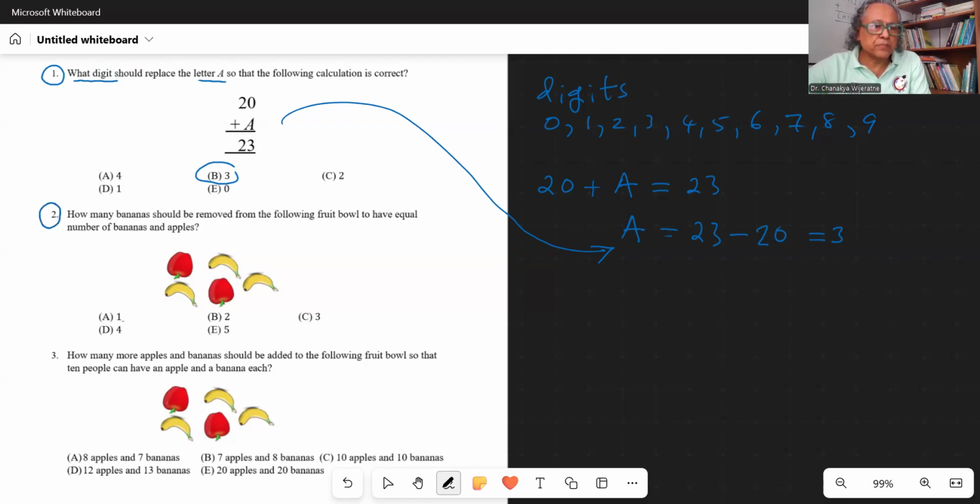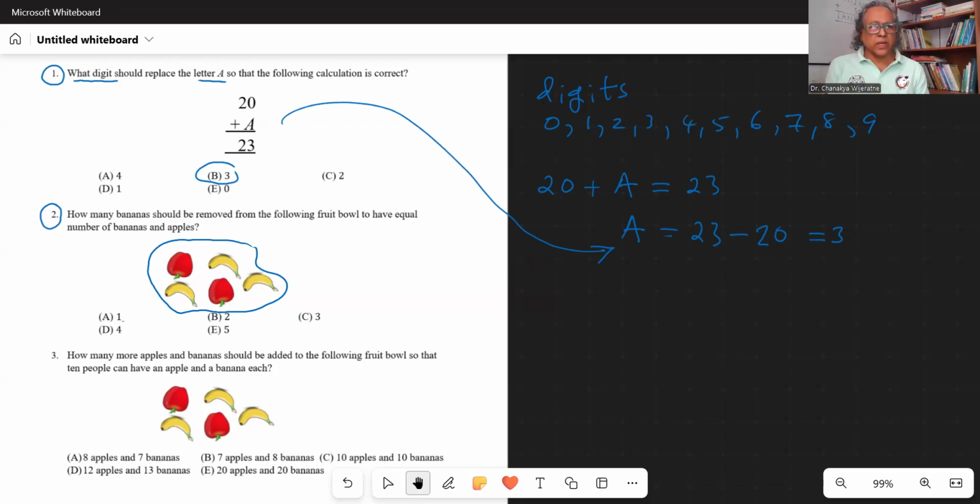Number 2. How many bananas should be removed from the following fruit bowl to have an equal number of bananas and apples? We don't see a bowl here, we just see 3 bananas and 2 apples. Doesn't matter, because we can imagine that these are fruits in a bowl.